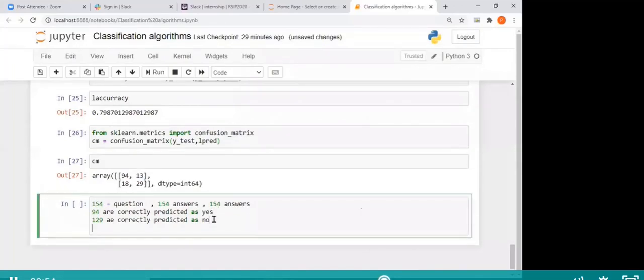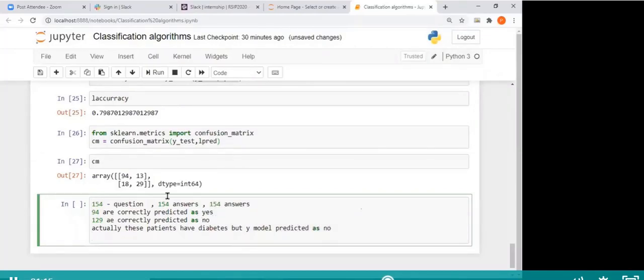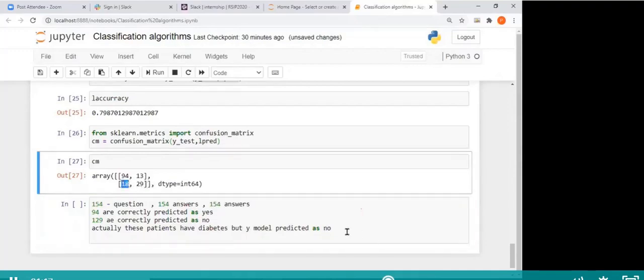Actually these patients have diabetes, but my model predicted no. And here you have 18, right?